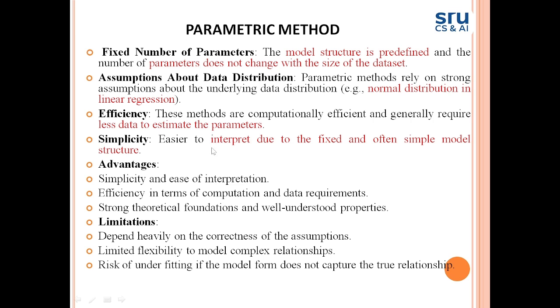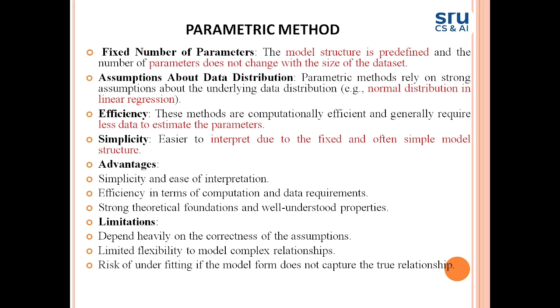Simplicity: it is easier to implement due to fixed and often simple model structure. The advantages of this parametric model are simplicity and ease of interpretation, efficiency in terms of computational and data requirements, strong theoretical foundation and well understood properties.